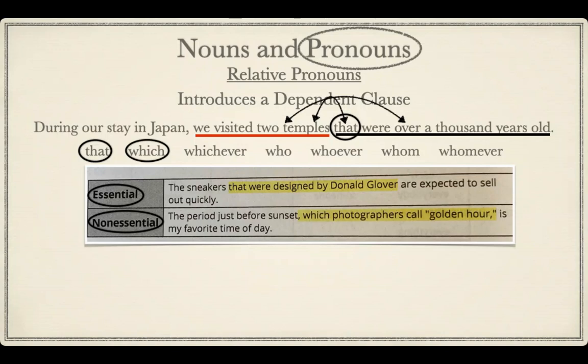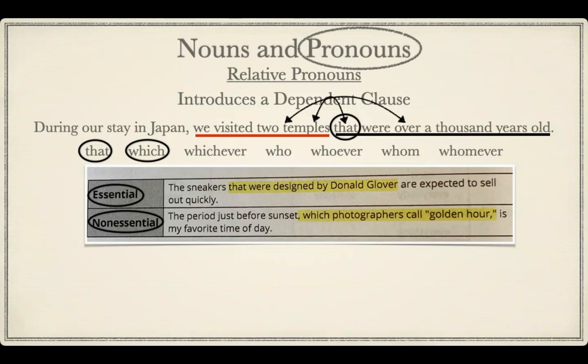The pronoun which always introduces the opposite, non essential or not necessary clauses. The clause which photographers call golden hour is non essential. Let me read that whole thing to you.